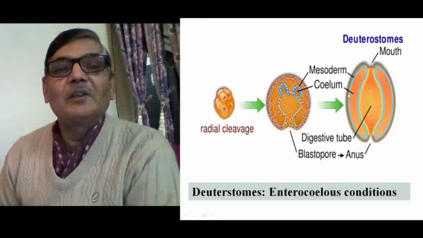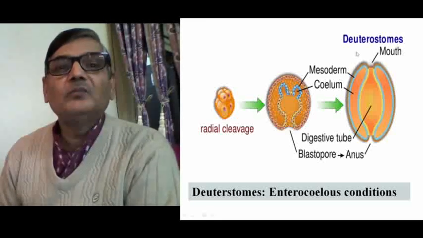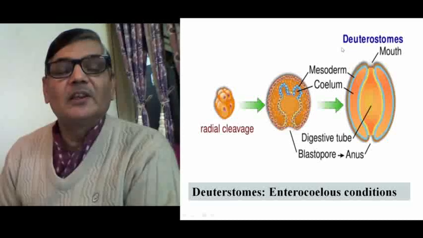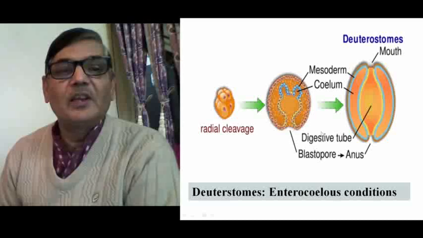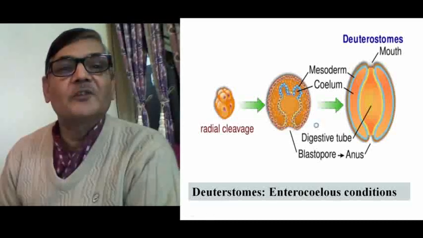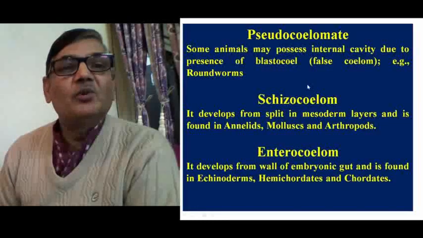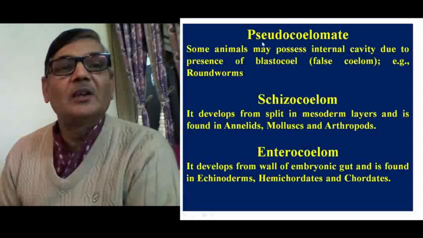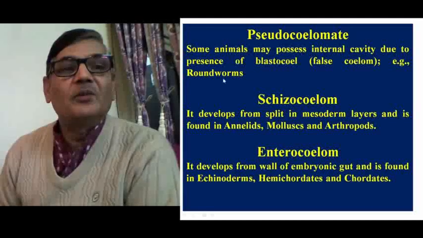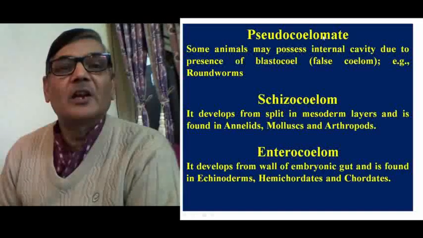So the developmental pattern varies in these two forms of animals, that is protostomes and deuterostomes, and accordingly one can find variation in the coelomic space. So as a whole, we can say that there are mainly three types of coelomic cavity. The pseudocoelomate type is found in roundworms, and here the coelomic cavity is because of the presence of blastocoel.